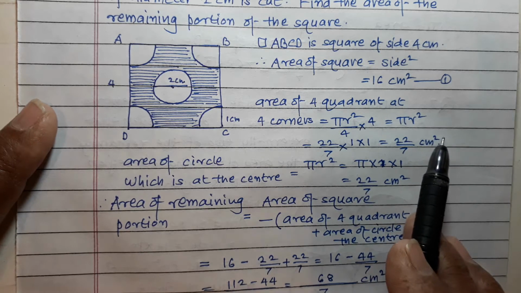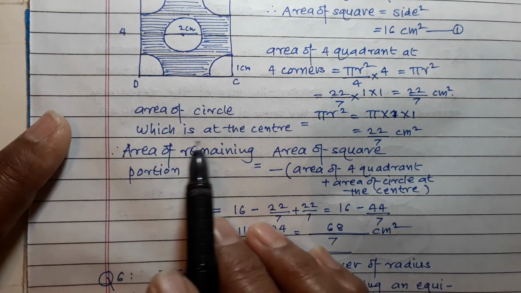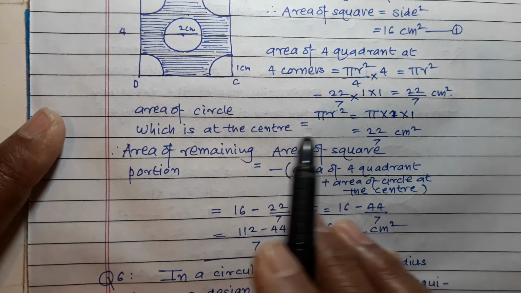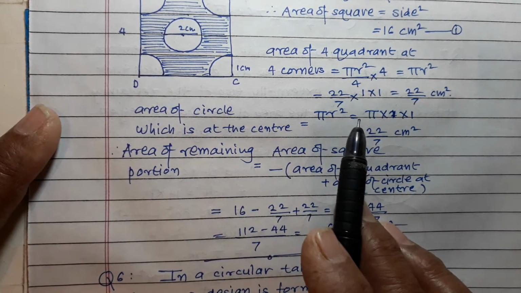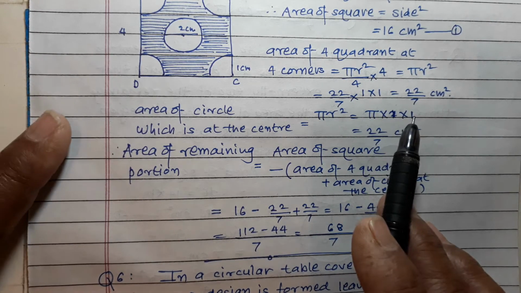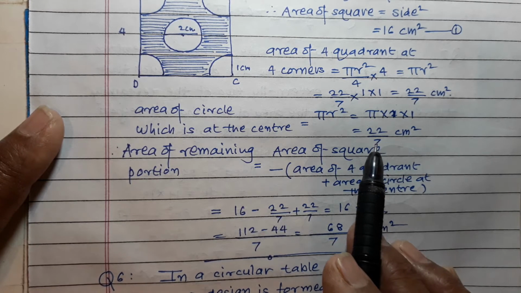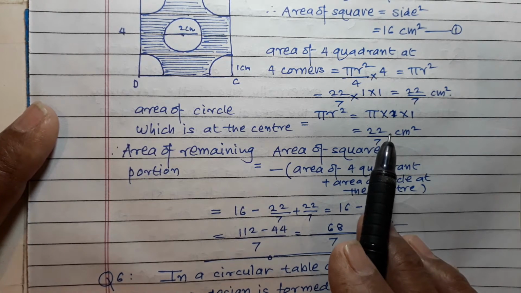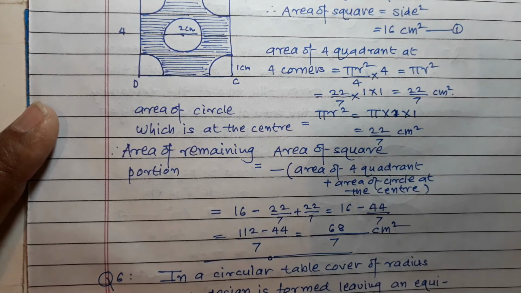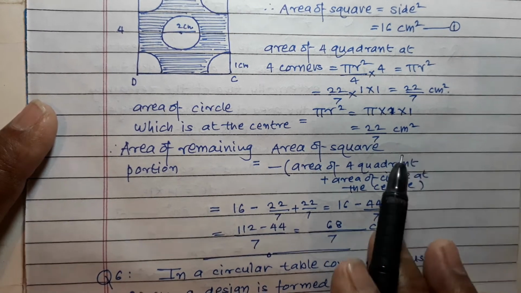cm square. Then area of the circle at the center is equal to pi r square, which is pi into 1 into 1, so is equal to 22 upon 7 cm square.